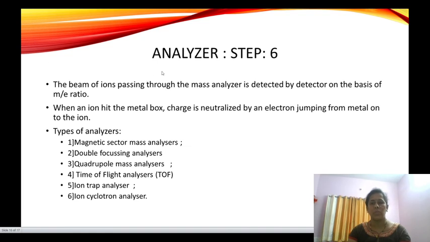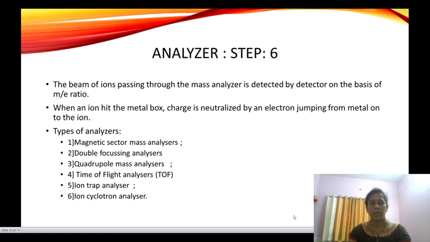The last step is about the analyzer. The beam of ions passing through the mass analyzer is detected by the detector on the basis of the mass to charge ratio. When an ion hits the metal box, the charge is neutralized by an electron jumping from the metal to the ion. There are a few types of analyzer. First is the magnetic sector mass analyzer.